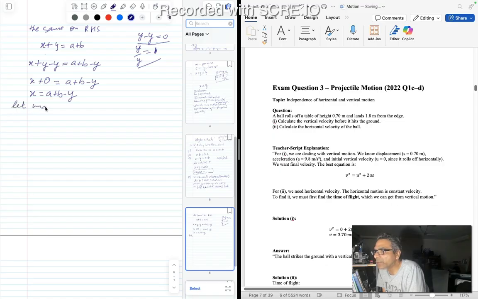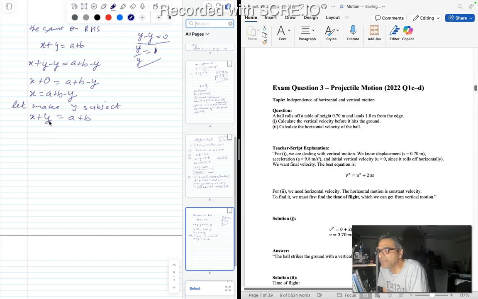So now let's do the second one. Let's make y the subject. Now we have the same equation, x plus y equals a plus b, right? So now tell me, what should I do?